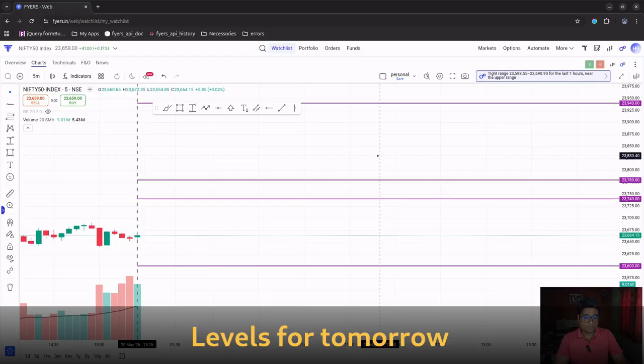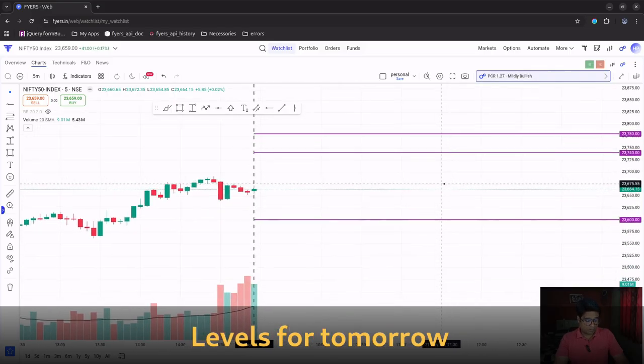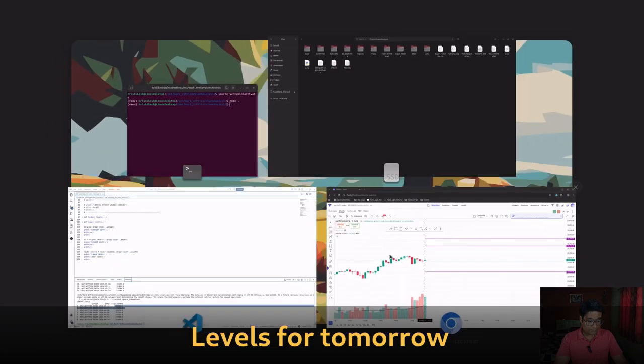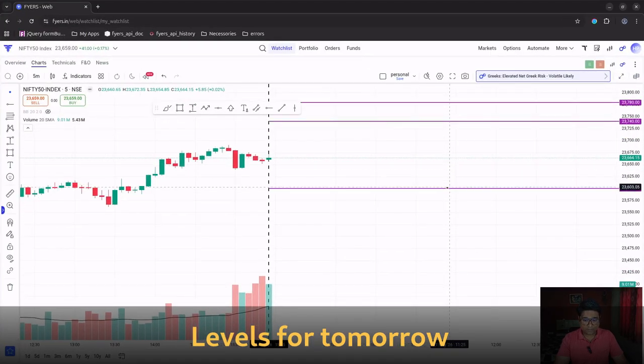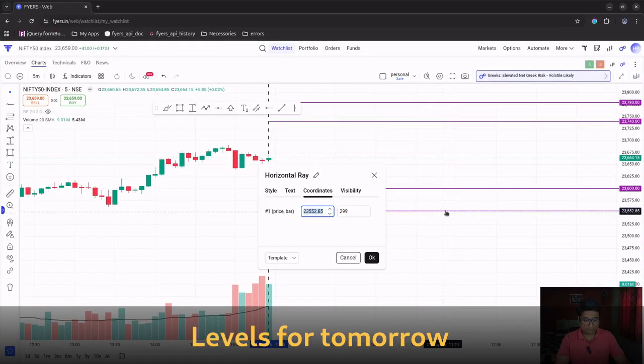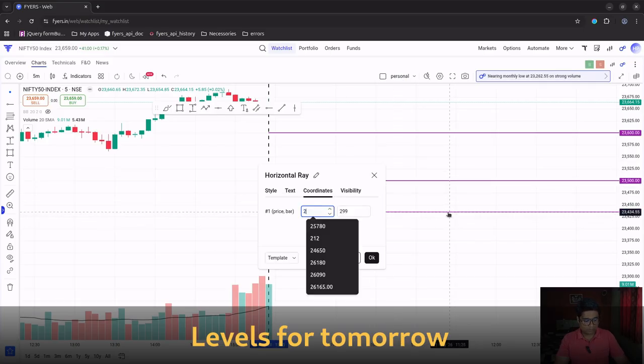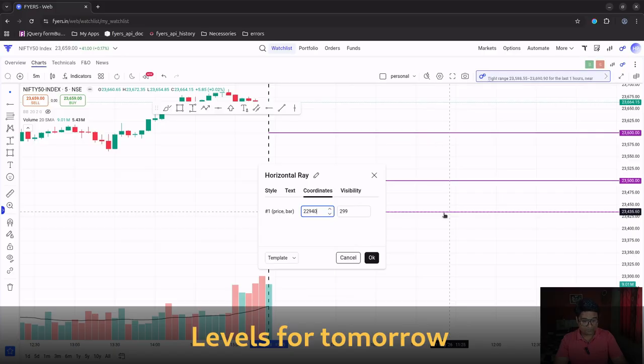That's why it's better to use this as a resistance zone. And levels below are 23,500 and then 22,940.